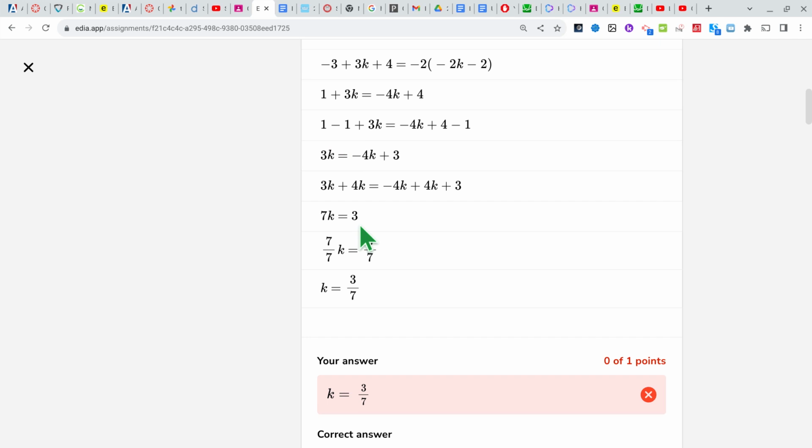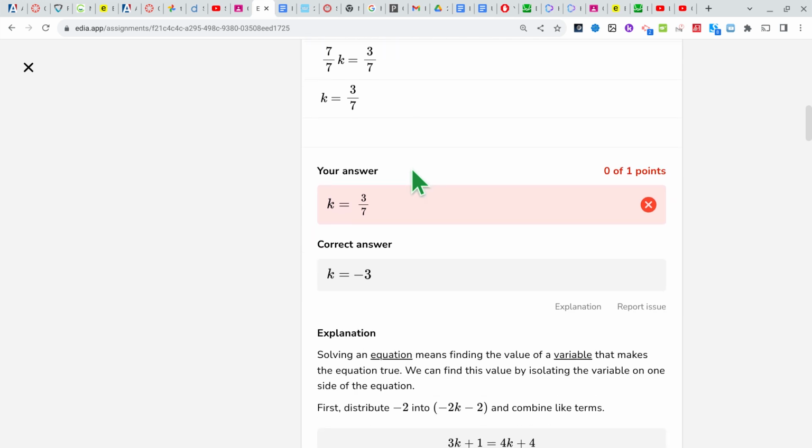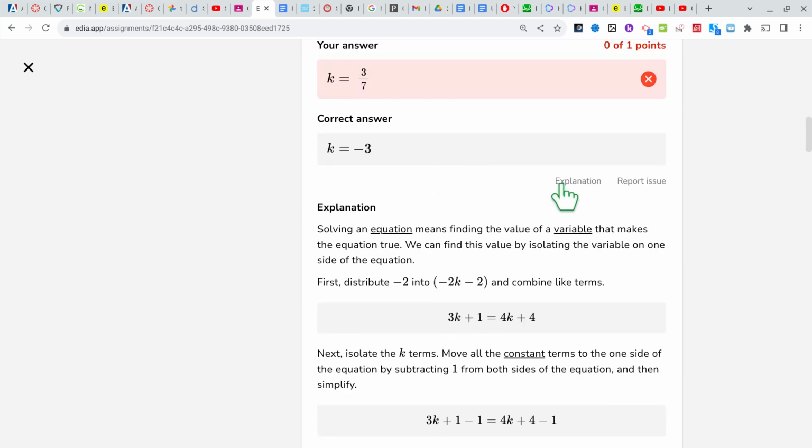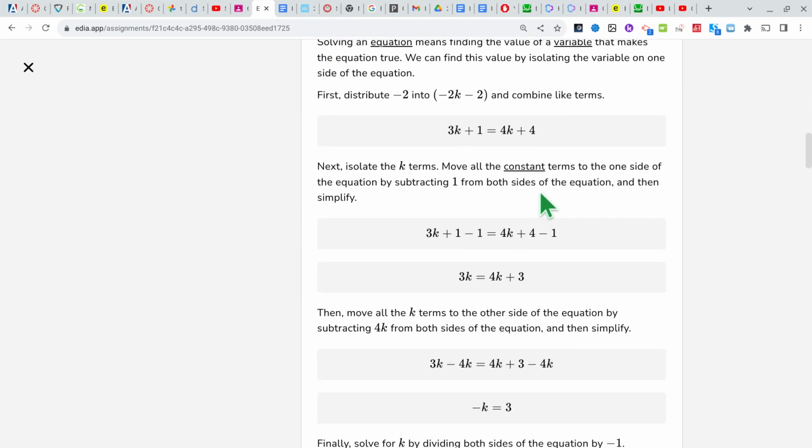Oh, right here. See, look, I put negative 2 times negative 2 is positive 4. Right here is supposed to be a plus. Negative 2 times negative 2 is plus 4, not negative. That's my mistake. So make sure to read the explanation and see all the pieces. It takes a lot of work.